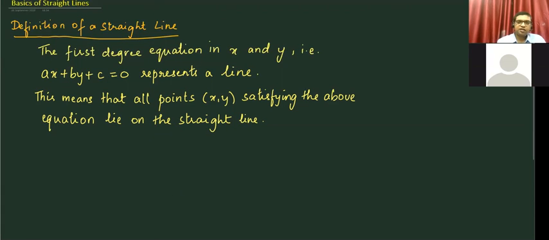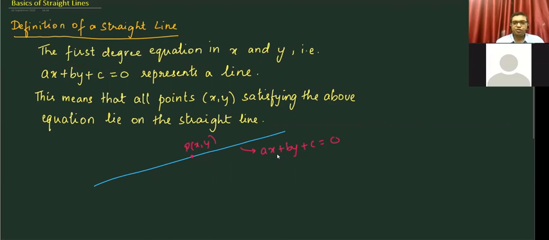So ax plus by plus c equal to 0 represents a line. It means that if the equation of the line is ax plus by plus c equal to 0, then any point on this line will satisfy this equation.